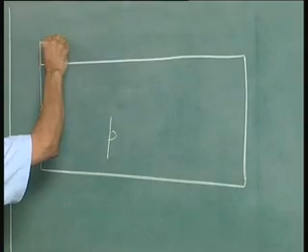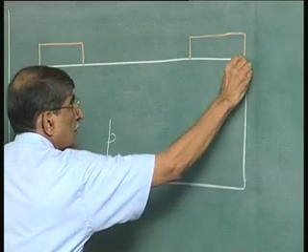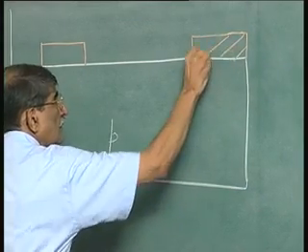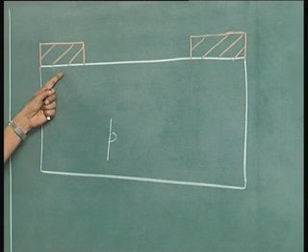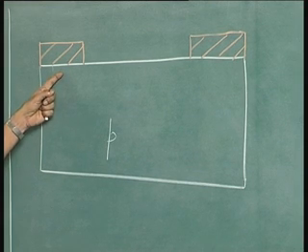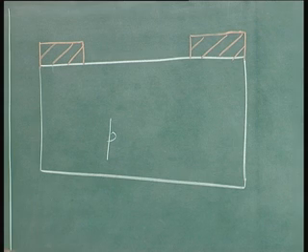I will show one device which you are all familiar with. Right there you have the native oxide, that colored one, field oxide, silicon dioxide. This is silicon.